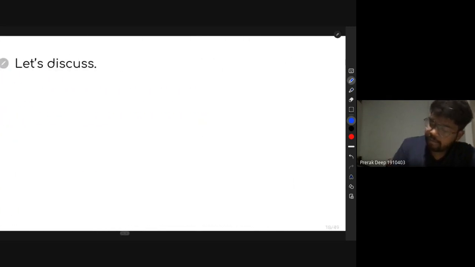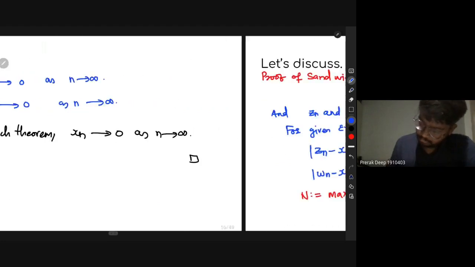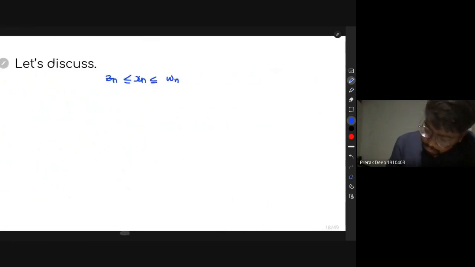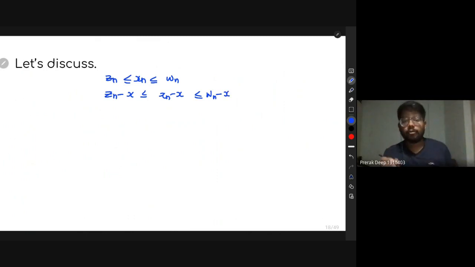Because xn is bounded above by wn and bounded below by zn, if I subtract x, the inequality is not going to change.